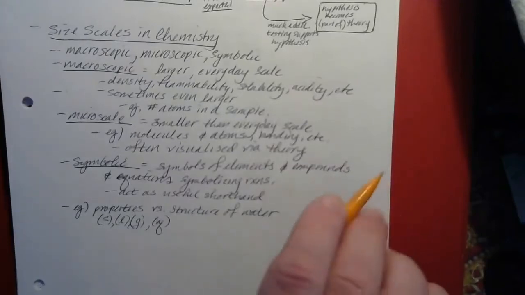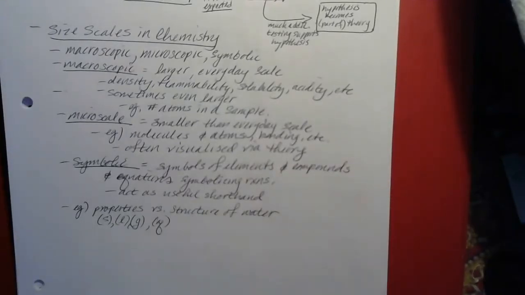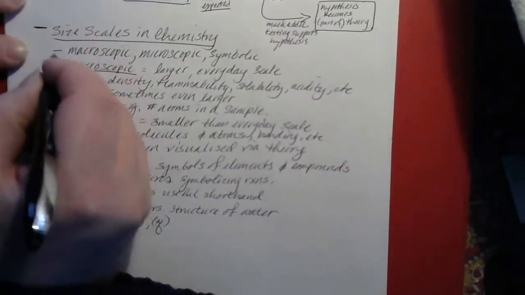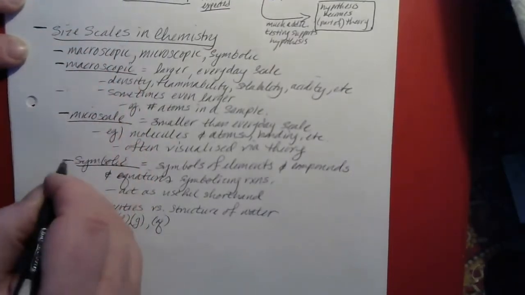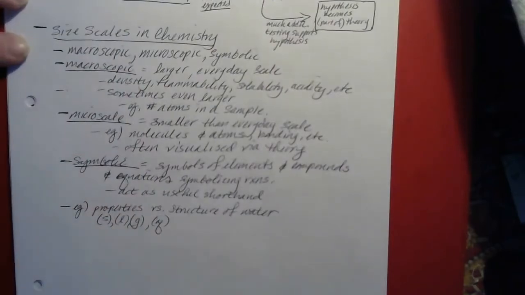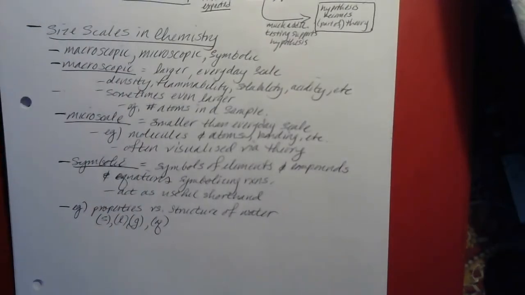Another thing we have to get used to in chemistry or science in general, but particularly chemistry and physics, is looking at things on a different scale of sizes than we're normally accustomed to in everyday life. In chemistry, we have to deal with things like the size of individual atoms or molecules, which are really, really small compared to anything that we deal with on a day-to-day basis.